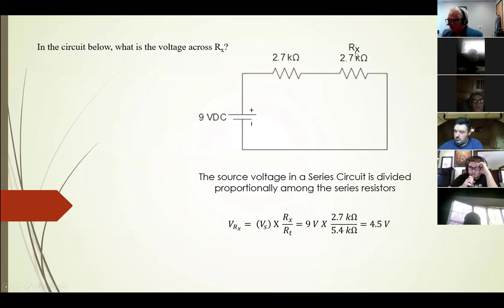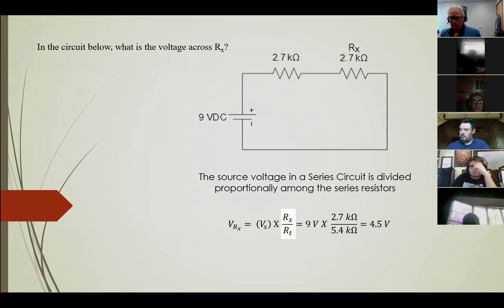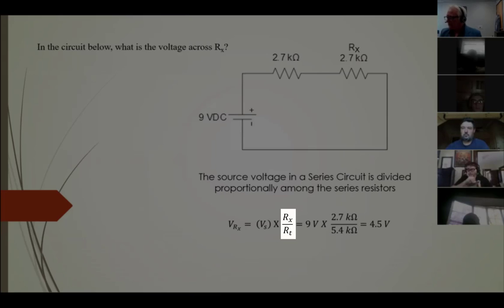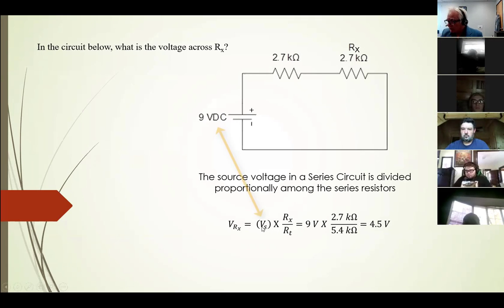We're saying Rx is in this case 2.7 out of 5.4. But when we set up a proportionality, is it like 1 to 4? Is it like 6 out of 10? What is that relationship of this resistor to all of them? Because once we know that proportionality or that fraction, then we just multiply that fraction by the voltage source, and that gives us the voltage across that resistor.